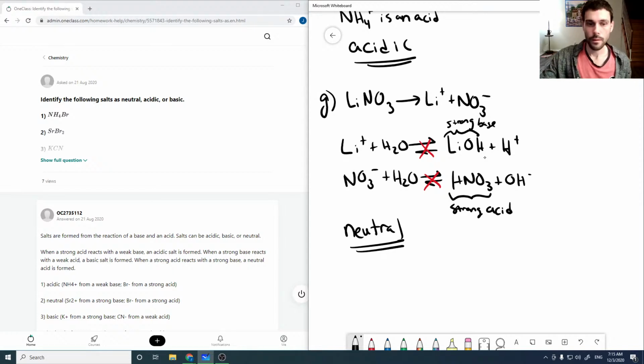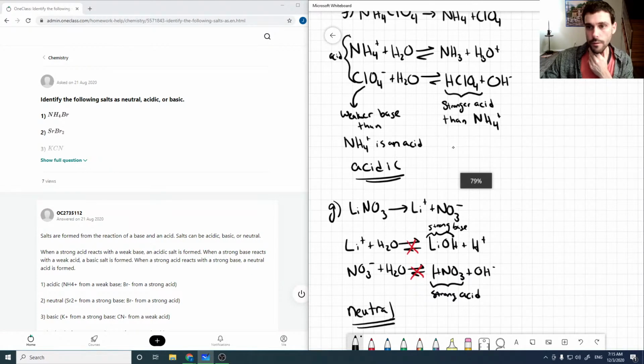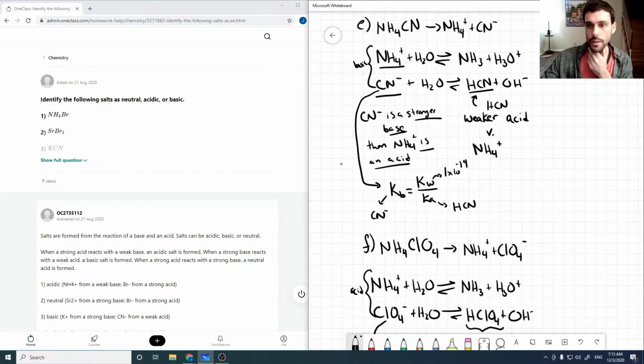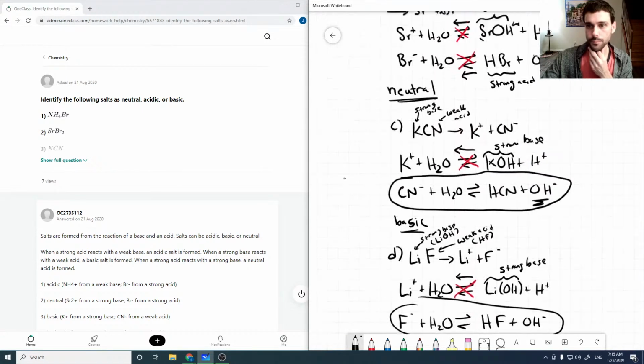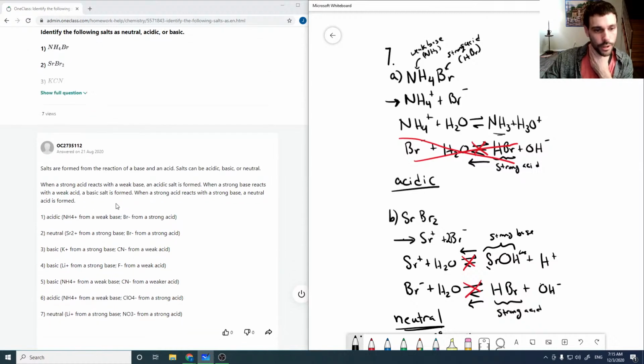Okay. So I ran through a bunch of them there. Hopefully it made some sense. So let's check through our solution here. The first one is acidic, looks good.